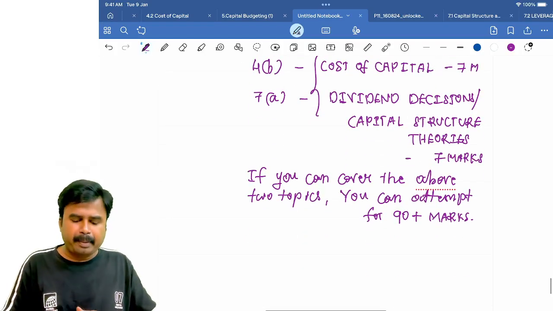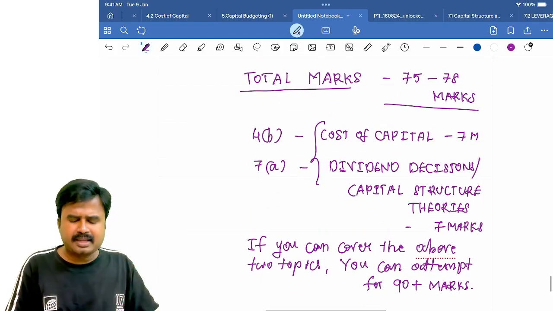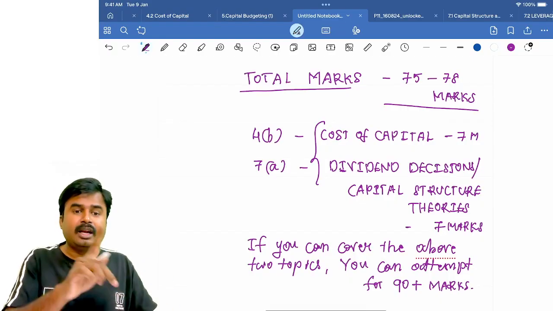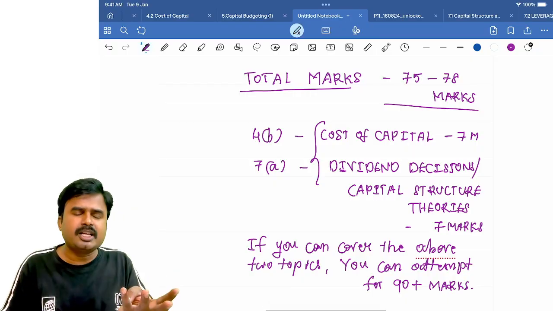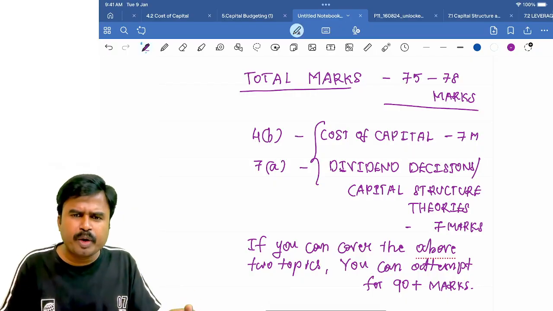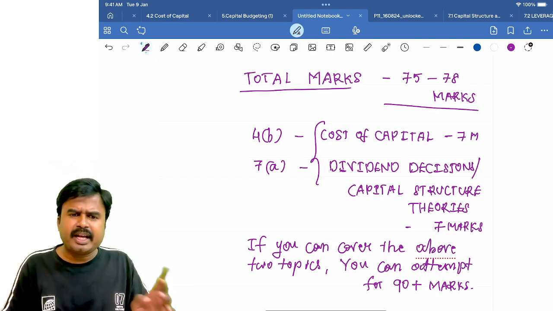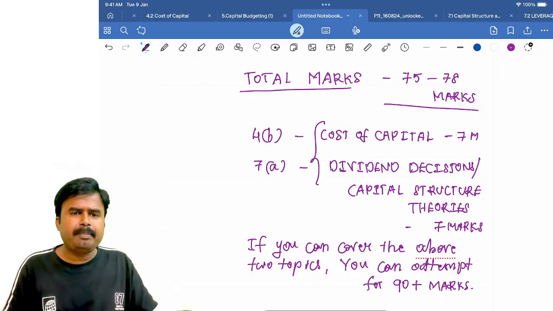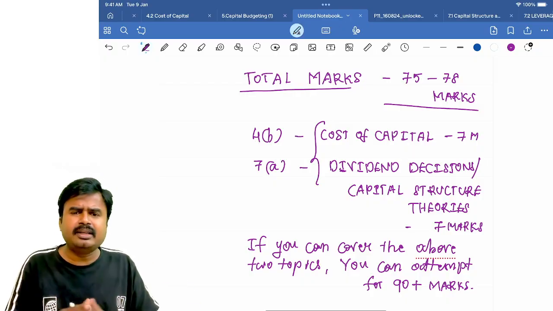Because 4B is a compulsory question, cost of capital, and 7A is a compulsory question, either from dividend decisions, especially Walter's model or Gordon model and Modigliani and Miller model, any one of the theories, or capital structure theories, NI and NOI approach, Modigliani and Miller approach. They ask you just like that.